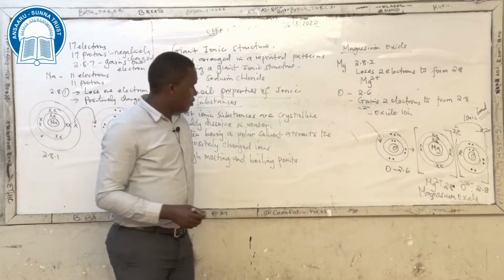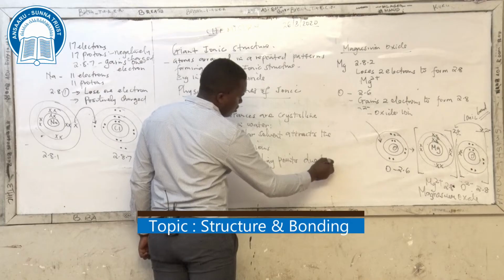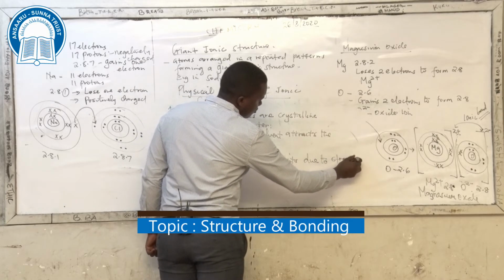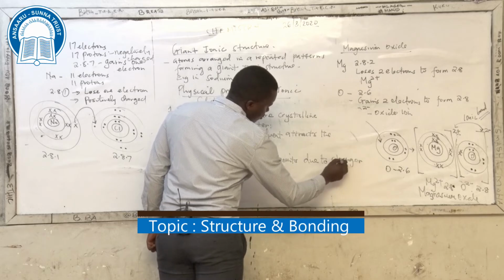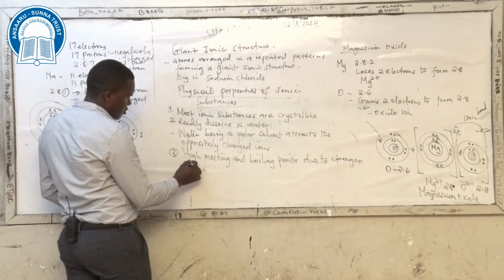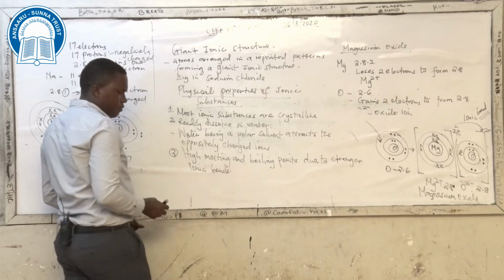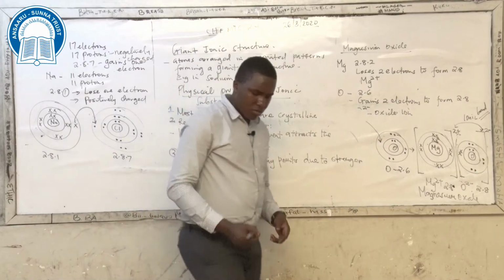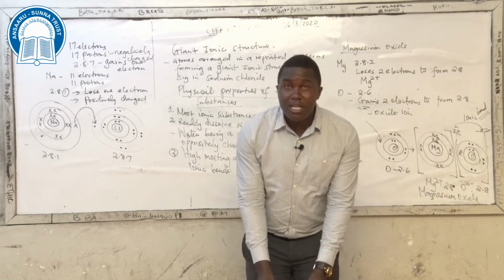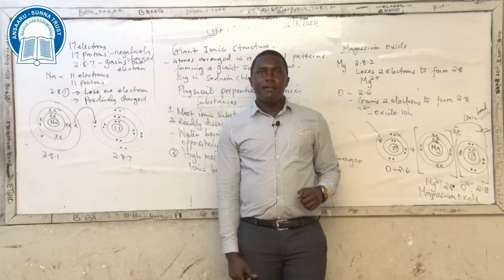So this is due to stronger ionic bonds. The ionic bonds are much stronger, and therefore you require a lot of energy to overcome them.